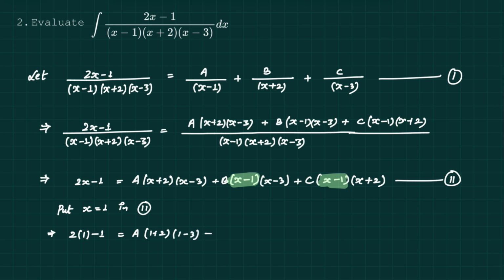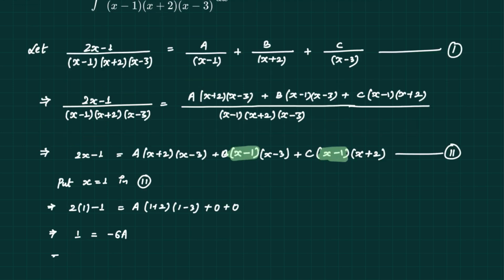The second term will be 0 and the third term will also be 0. So on simplifying, we have 1 equals 3 into minus 2, that is minus 6a. So from here we get the value of a equals minus 1 by 6.